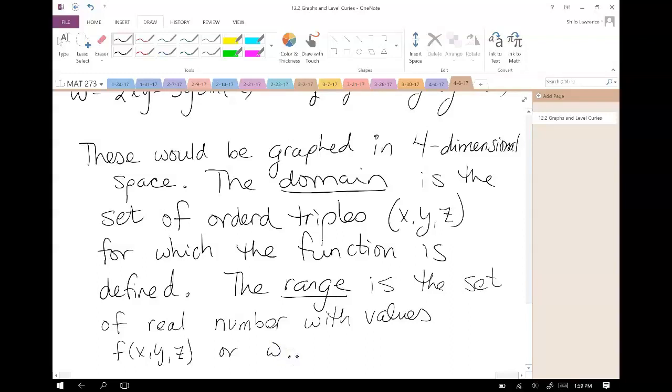So the domain is a set of ordered triples. We've got to pick values for x, y, and z. But the range, there's only one output variable.